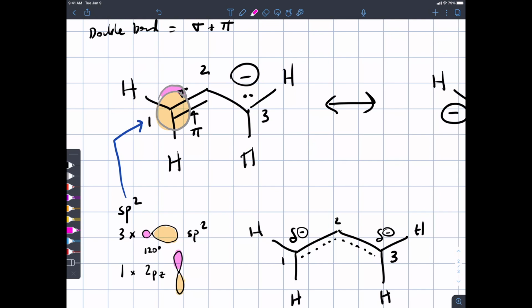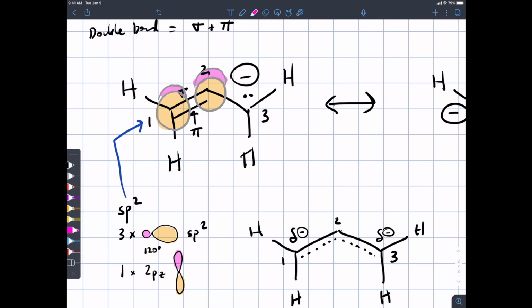And we could use a similar approach to conclude that there is another unhybridized p orbital on carbon 2 with, again, a lobe oriented towards us and then one oriented away from us.